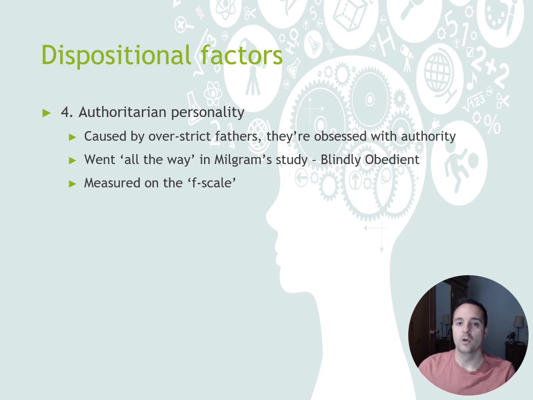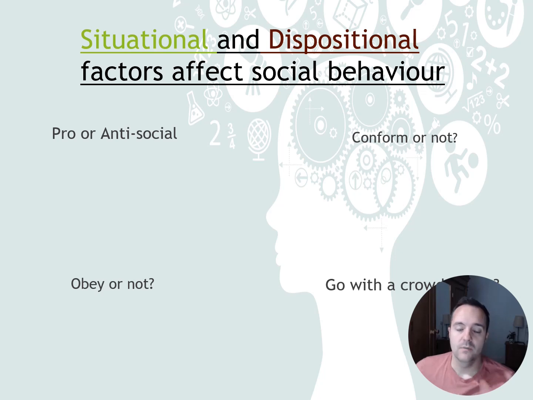Just to wrap up the topic, what I want to do is help clarify the links between situational and dispositional. So these are the 4 social behaviours that you need to understand. These are the key concepts of the topic. Each of these has 2 explanations, one situational, one dispositional.